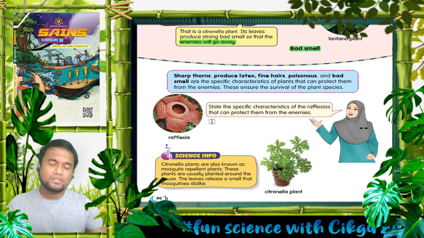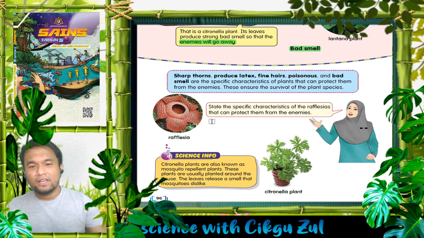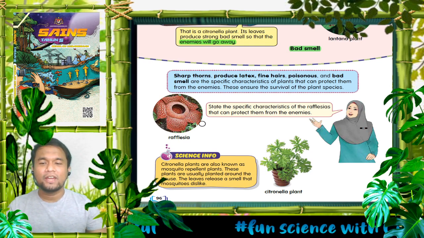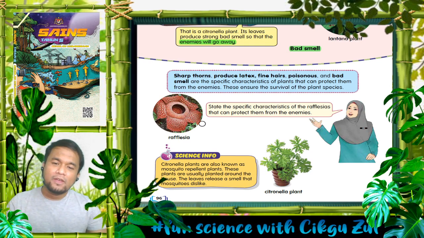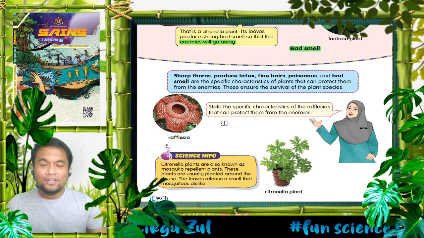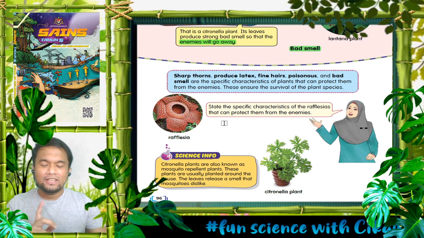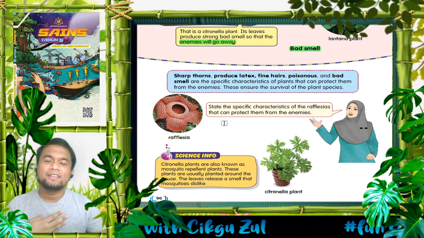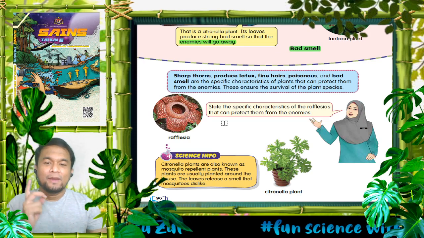So the Rafflesia is so big and it has attractive color. So how do this kind of plant survive and protect themselves from the enemies? Okay, I think this is a little bit of a kind of explanation for you to understand the situation. How do they protect themselves?